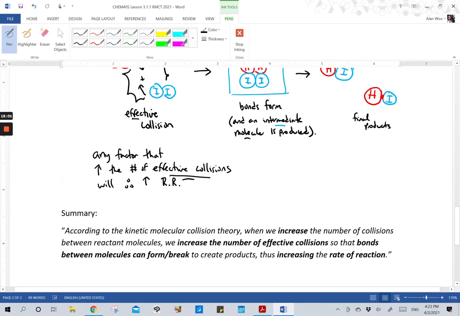Hopefully this gives you a little bit of insight into how reactants can form products more quickly. We will apply this information to future lessons, to continue our conversation of how certain types of reactions will react faster than others.